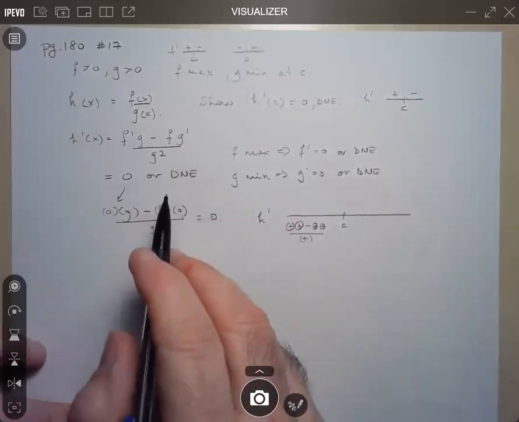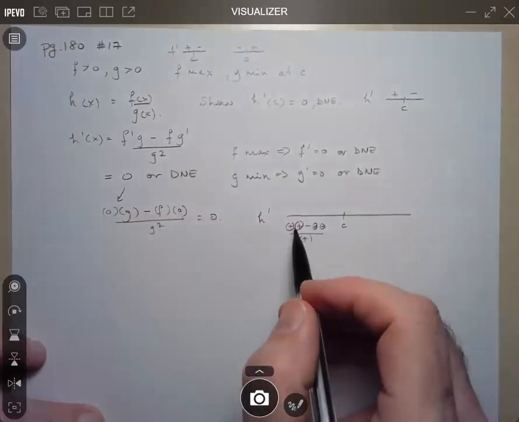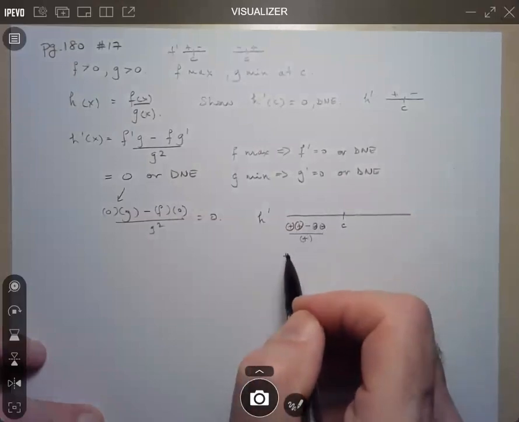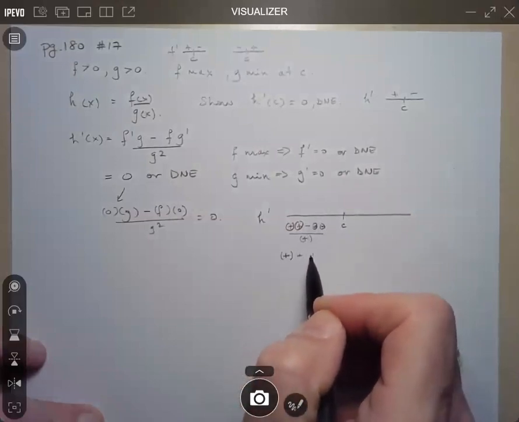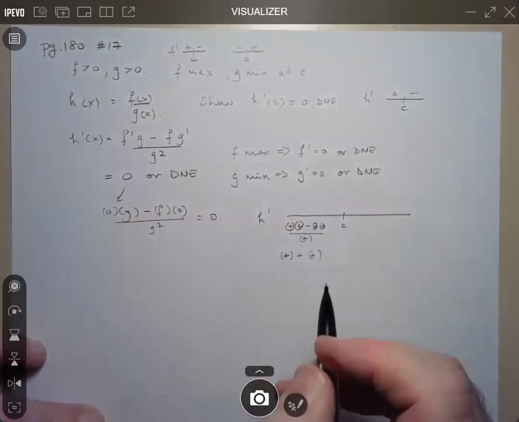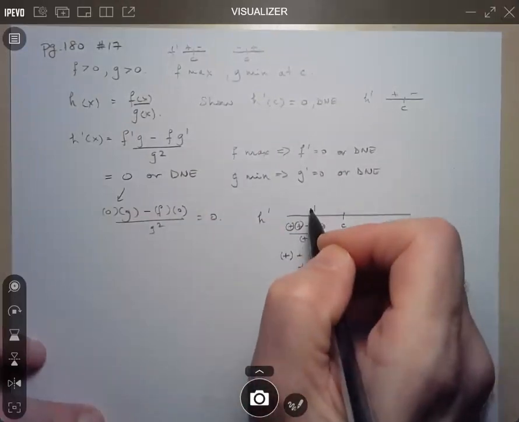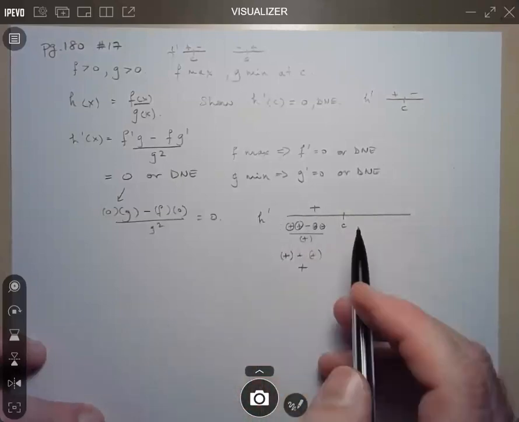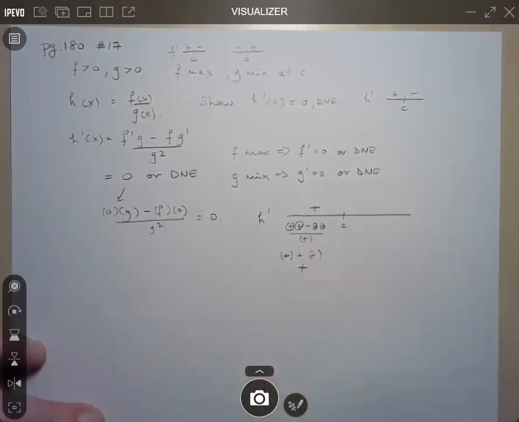I don't have to worry about that because it's squared. So here, what do we have? We have a positive number, and I'm subtracting a negative number, which is the same as adding a positive number. And so there we go. To the left of c, h prime is positive. Let's now look to the right of c, and I'm going to do something very similar here.